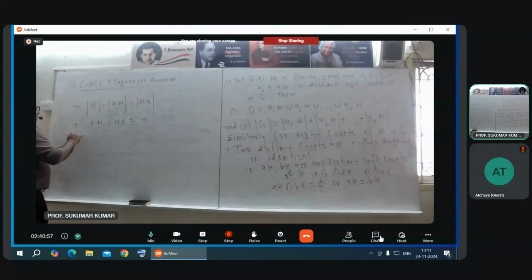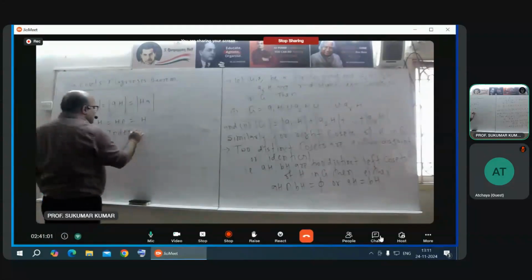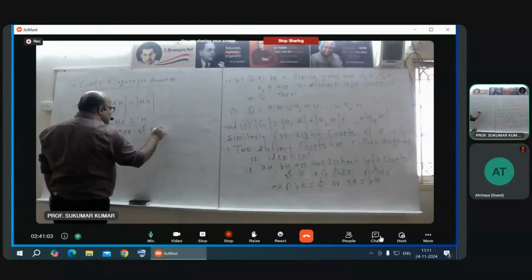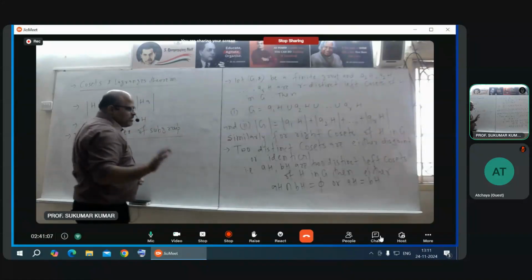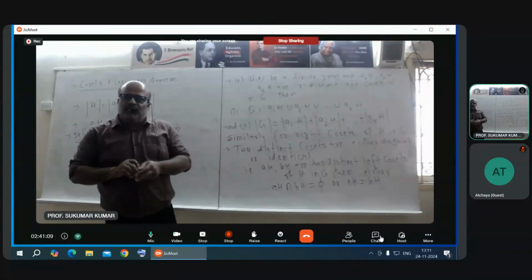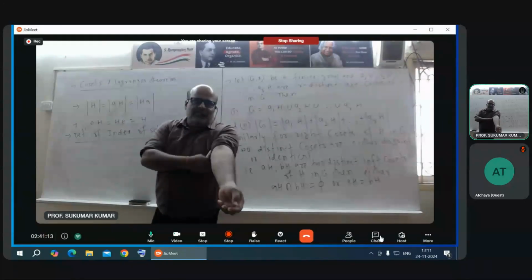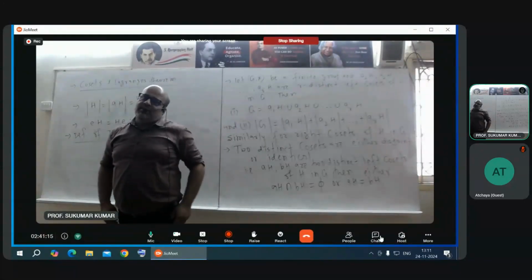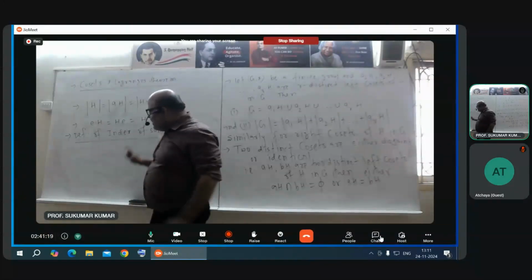Here comes the definition of the index of a subgroup. Index means the total number of distinct left cosets or right cosets. Suppose a group of order 10 has a subgroup of order 2, then 5 pieces will come, no? This means 5 distinct left cosets and 5 distinct right cosets will come. That is called the index.